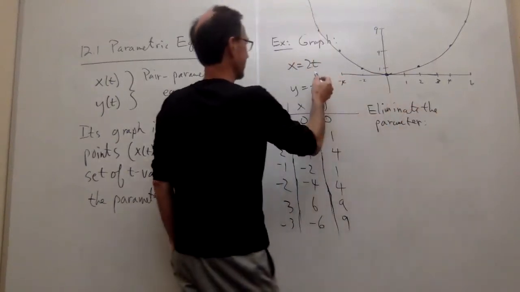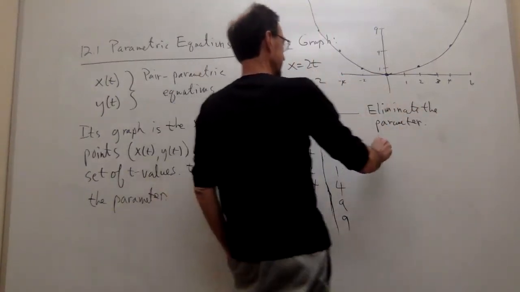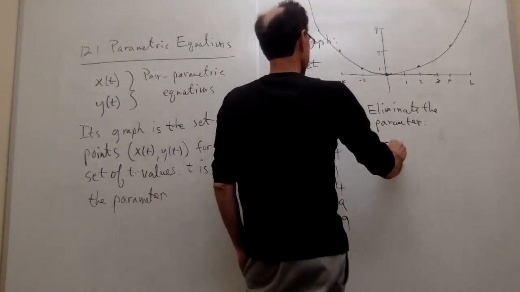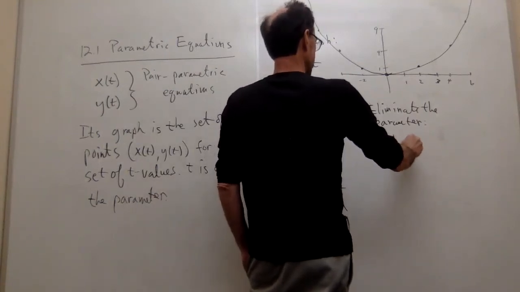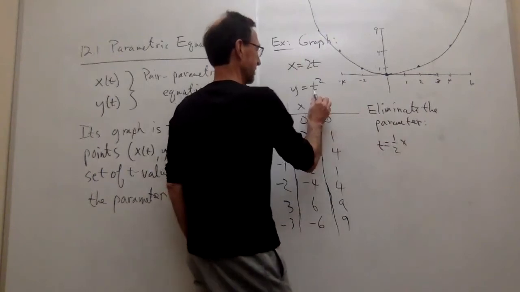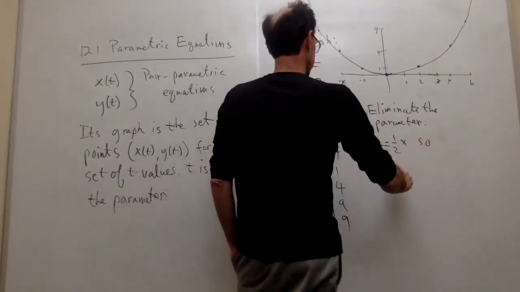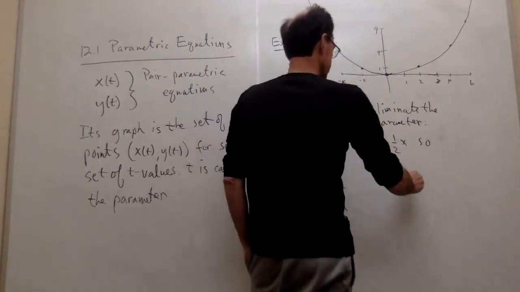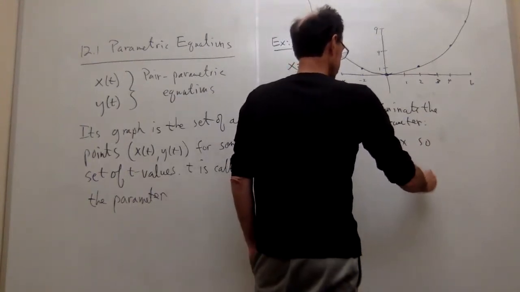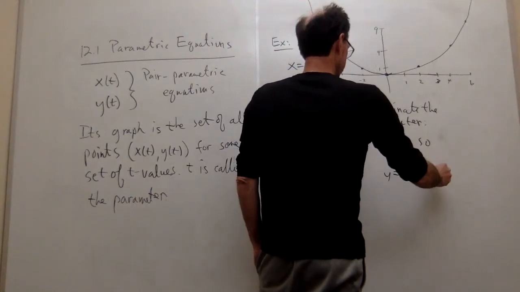So notice I can take the first equation and solve for t, t equals 1/2 x. And then I can plug that into the second one. So y equals, well, y is t squared. So we're going to get (1/2 x) squared, and that's 1/4 x squared.